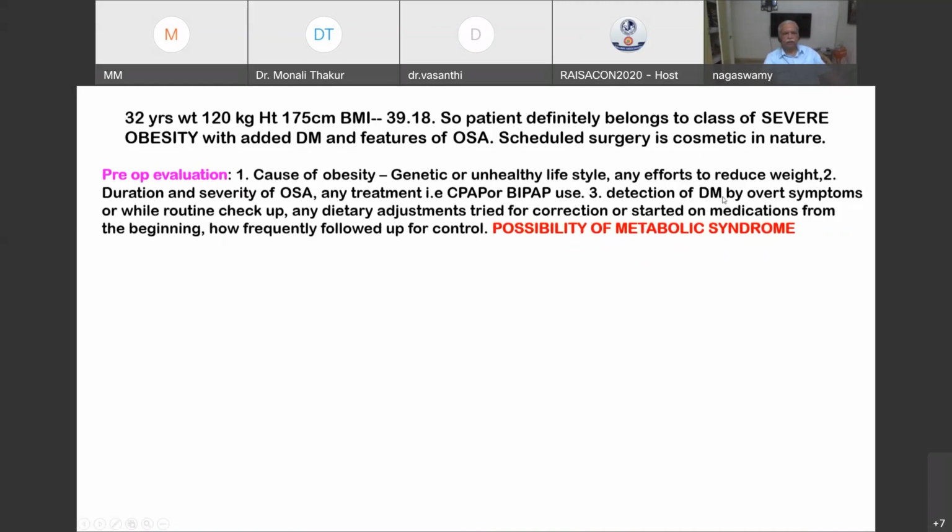Detection of DM: whether based on the patient's complaints or a routine checkup, whether dietary adjustments were tried or oral hypoglycemic agents started straight away, what the follow-up was, whether sugars came under control, whether HbA1c was periodically checked, and the possibility of metabolic syndrome. Whenever an obese patient also has diabetes, you have to think of metabolic syndrome.